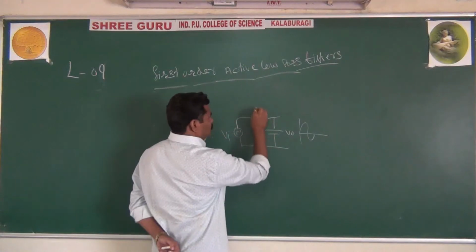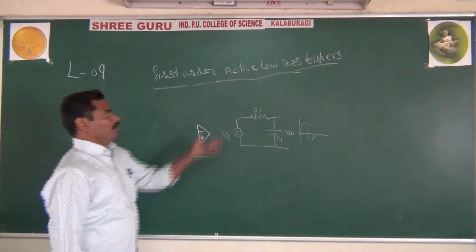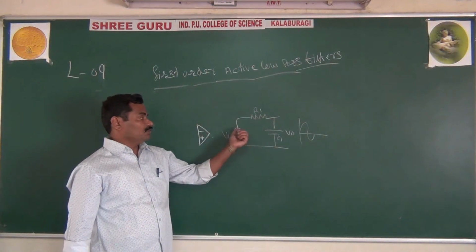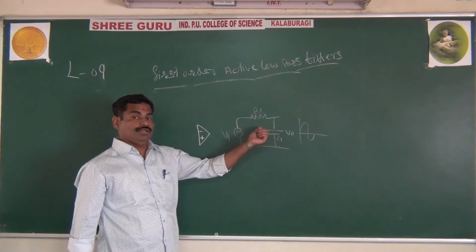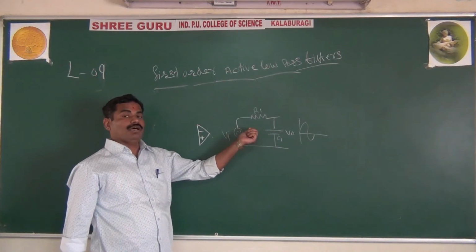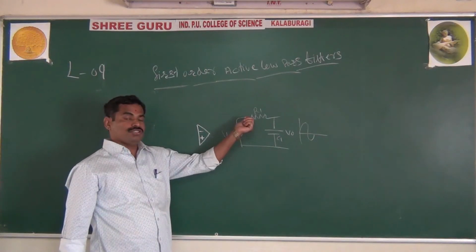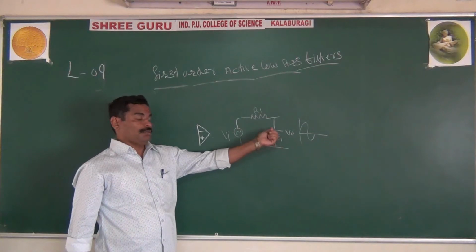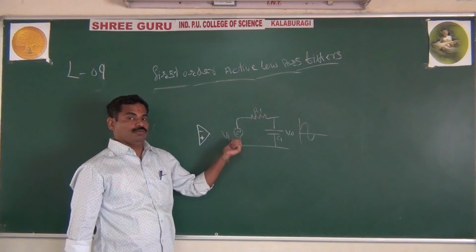This is R1, C1. In the low pass filter, you apply the input to the resistor and measure the output across the capacitor. In a simple RC filter, the resistor is in series and the capacitor is in parallel with respect to the input.